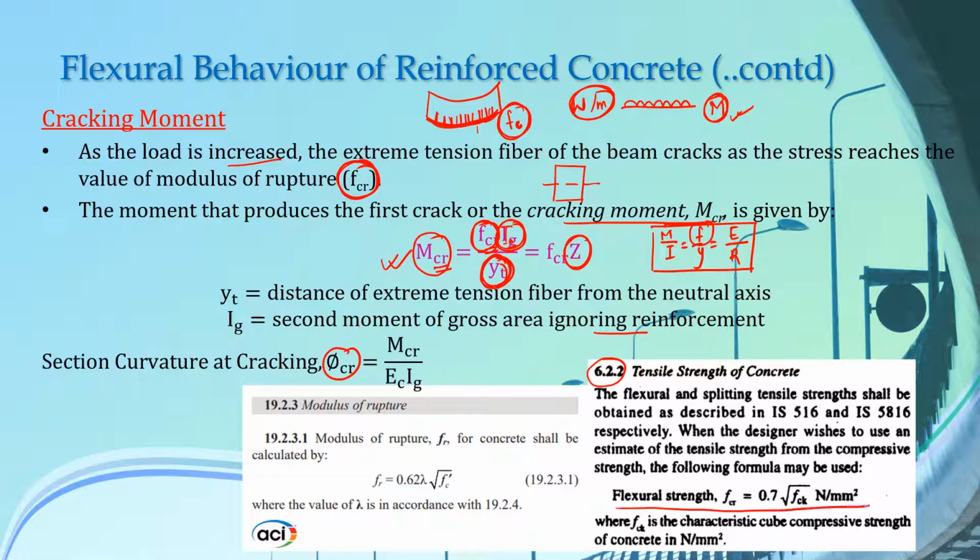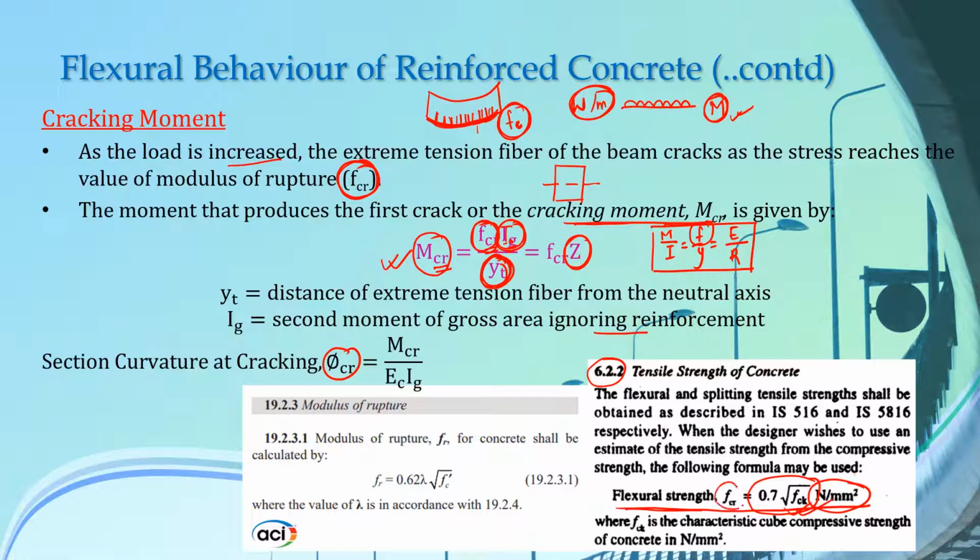So the value of fcr is given by this equation here, 0.7 multiplied by the square root of the characteristic strength, and this value is given in Newton per millimeter square. So flexural strength, or this modulus of rupture, is dependent on the characteristic strength of concrete.